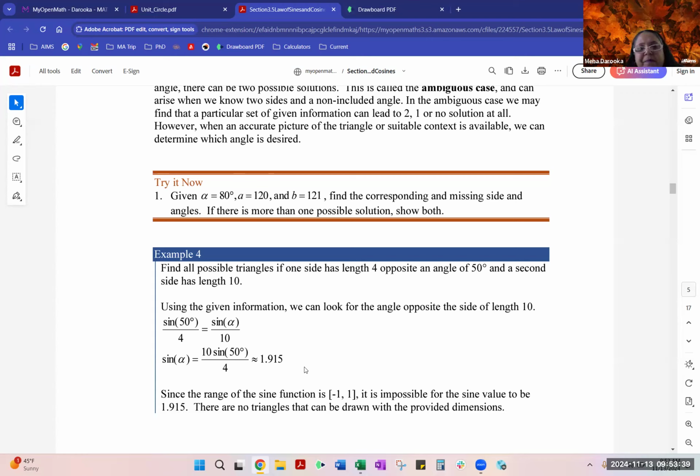All right, there we go. So let me just copy over these values over here. So we are given alpha is 80 degrees, side A is 120, and side B is 121.